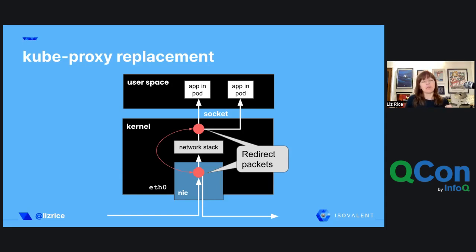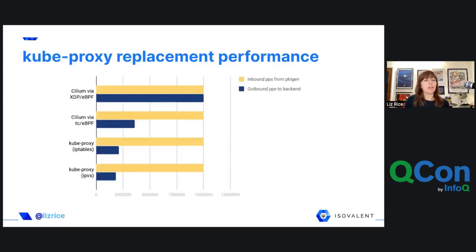So by intercepting packets as early as possible, we can make these load balancing decisions. We can avoid having to go through the whole kernel's network stack, and it gives us some incredible performance improvements. So kube-proxy replacement performance compared to an IP tables-based kube-proxy can be dramatically quicker.